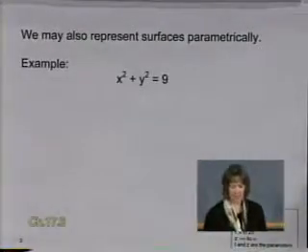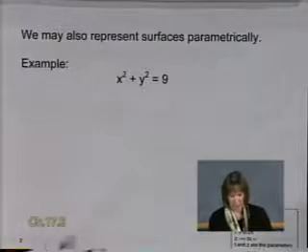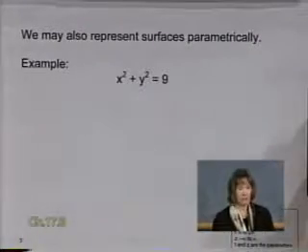So how can I represent the surface x squared plus y squared equals 9 parametrically?